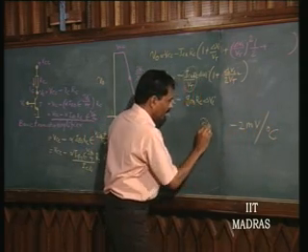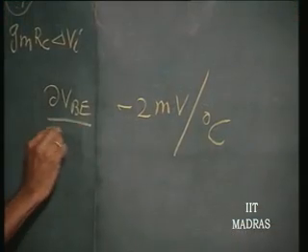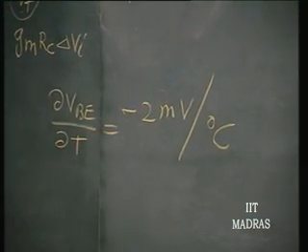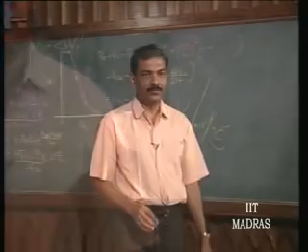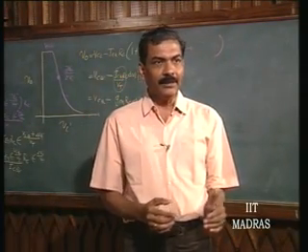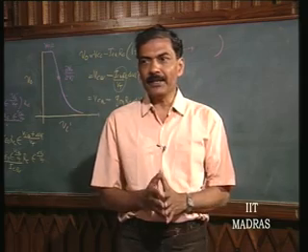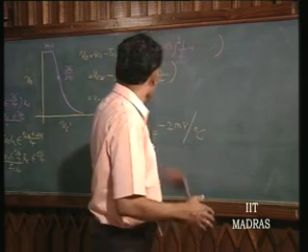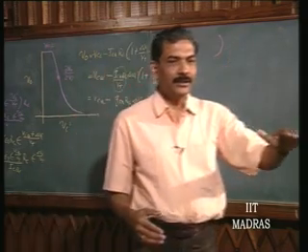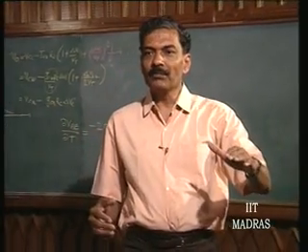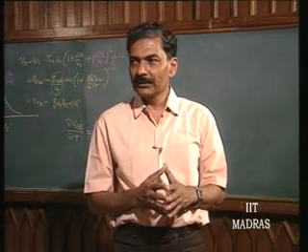That is delta VBE by delta T, the temperature coefficient of a diode, which is going to result in, even if the signal is not varying, if the temperature is varying, what will happen? This collector voltage is going to drift. That is the problem of drift.